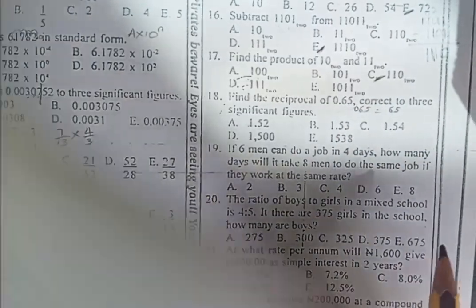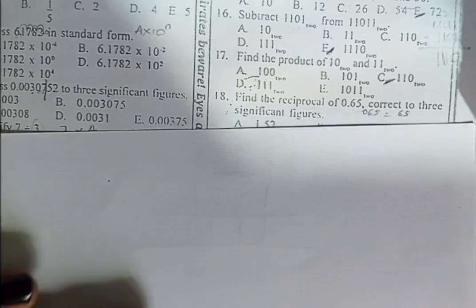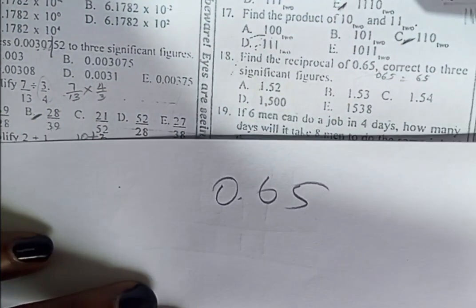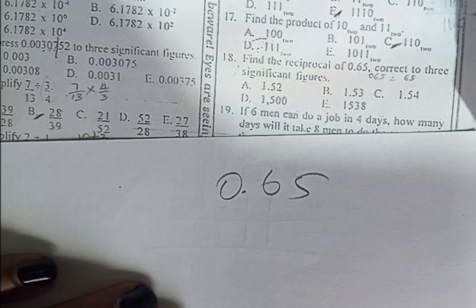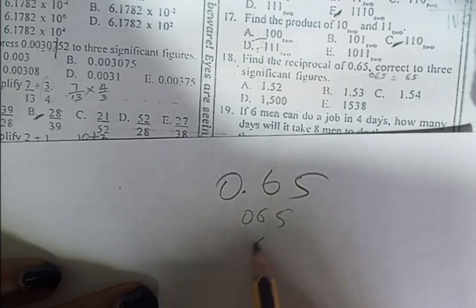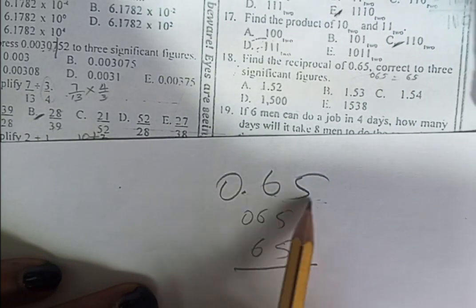So now that you have 65, okay, let me use a paper. Now we are doing number 18. So I have 0.65. I have to ignore this point, which gives 65. Then in fraction, I have to put it over how many digits do I have after the point? That's 2 digits.